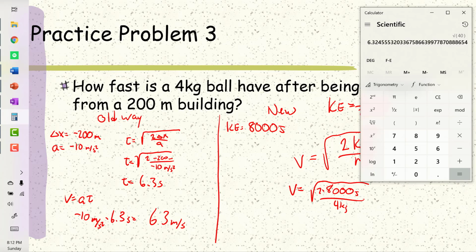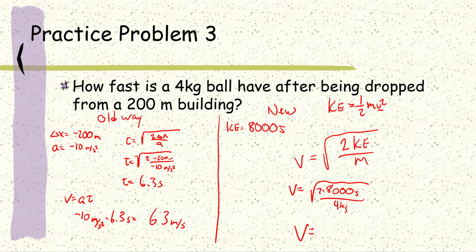So 2 times 8,000 divided by 4, square root, and voila, there you go. Same amount, 63 meters per second. So just a different way of doing it in terms of energy this time.